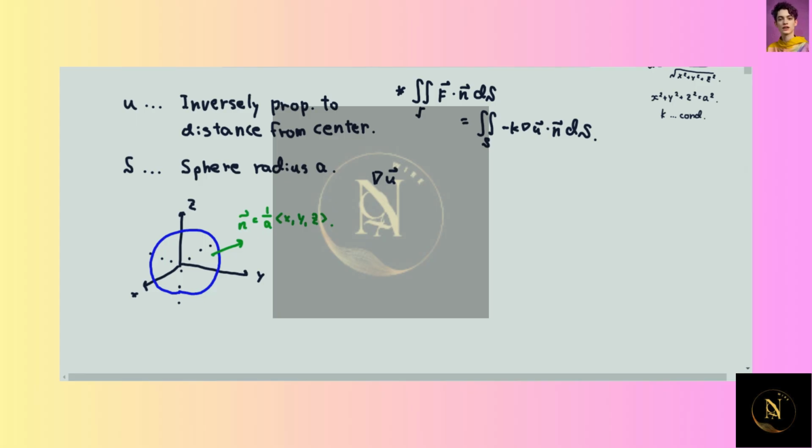Anyhow, del u, we're simply going to take the derivative where the expression x squared plus y squared plus z squared is inside the square root, so I'm going to call that to the 1/2 power. It's inversely proportional, so it's going to be negative 1/2.